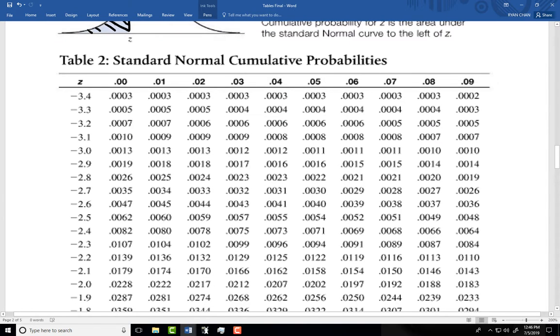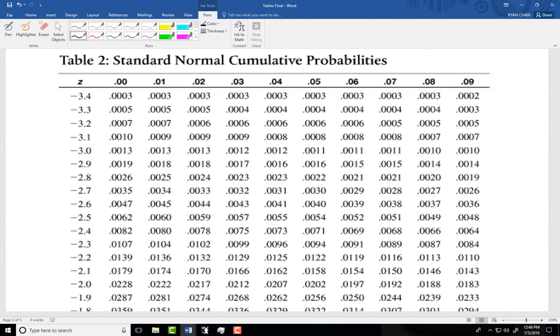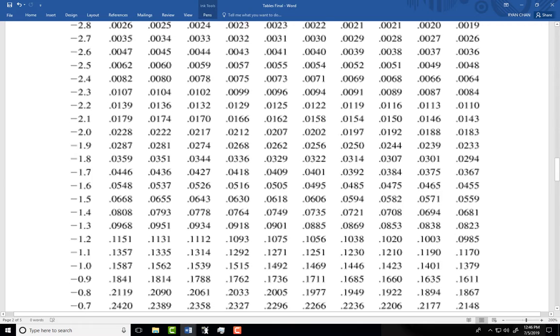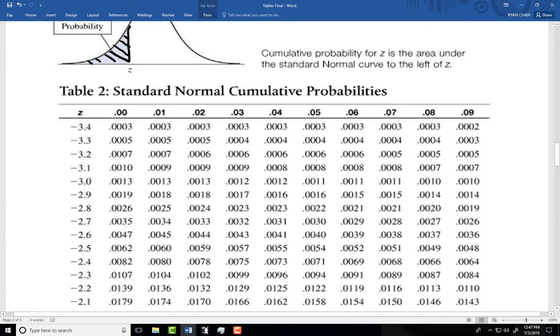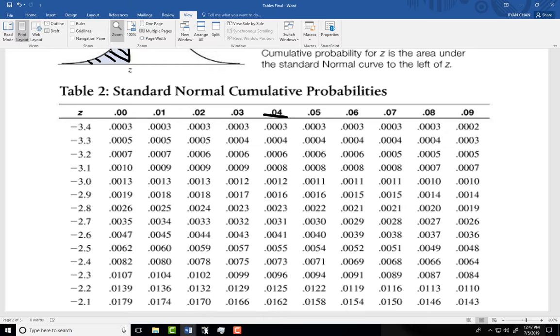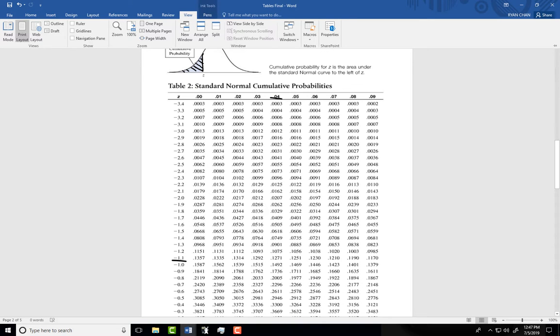If you look at your column right here and scroll down, negative 1.1 is right here, and then to find the 4, I go all the way up here. Always round to two places after the decimal.